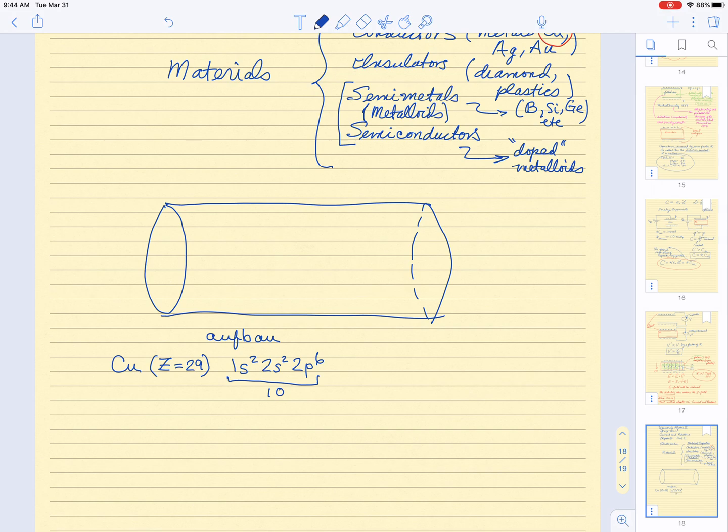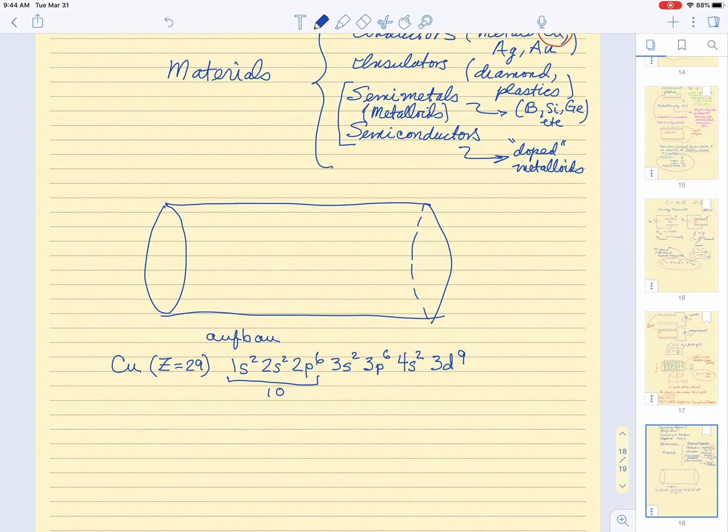We'd have 3s2, 3p6, and now we have, if we were to fill this according to the Aufbau principle, we would have 4s2, 3d9.